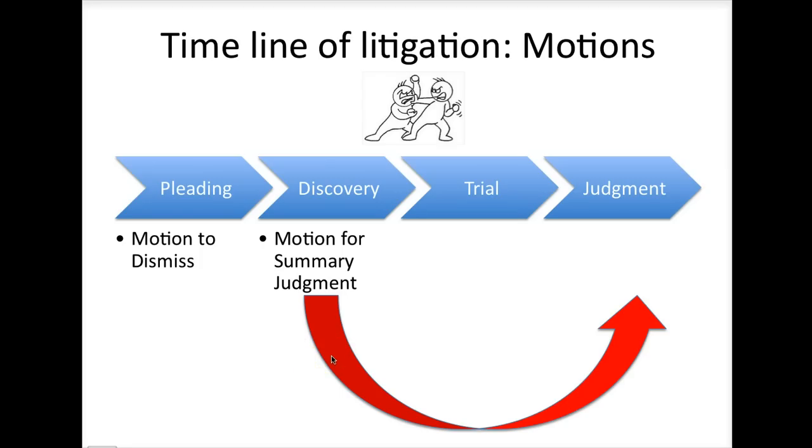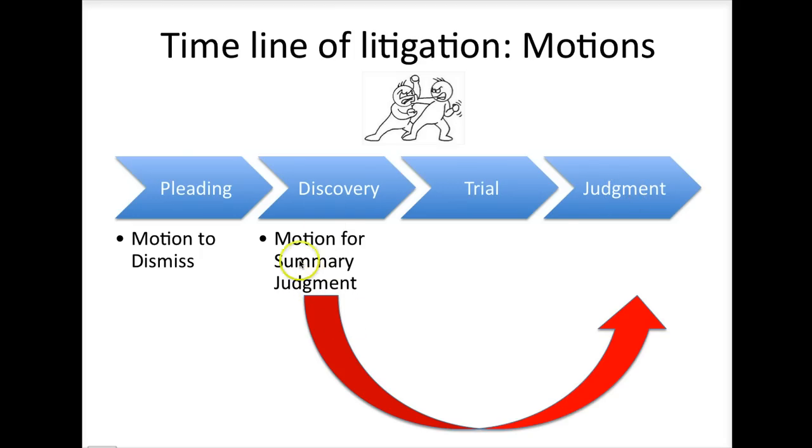Instead, the standard is that no reasonable jury could find for the person opposing the motion. If the movant shows there's no factual dispute and no reasonable jury could find for the other party, there's no need to ask a jury, there's no need to have a trial, and we simply enter judgment.